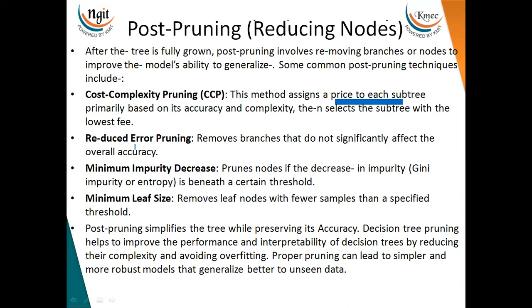Then I will remove the branches that are affecting the accuracy of my decision tree. In some cases, I can bear impurity up to a certain threshold, but if that impurity is not justified by some nodes, I will remove them. Then I will remove leaf nodes if they have fewer samples than a specified threshold. These are the techniques I will use to avoid overfitting and get a generalized decision tree.